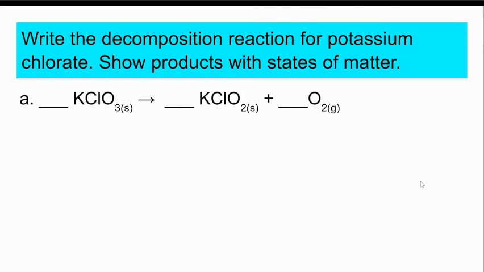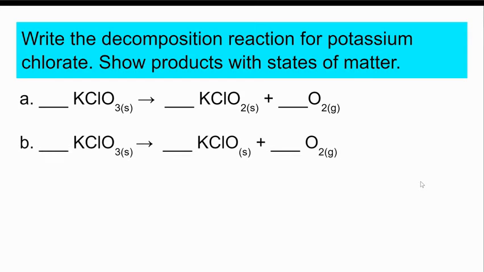You might have written a decomposition reaction that shows it's going to break apart into potassium chlorite, along with oxygen gas. Or perhaps you predicted that it was going to break apart into potassium hypochlorite and oxygen gas.